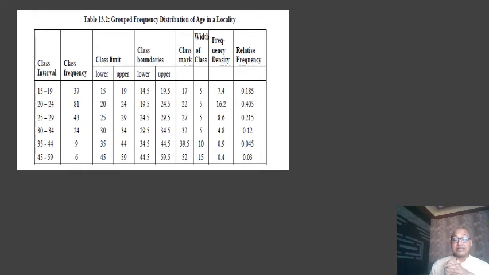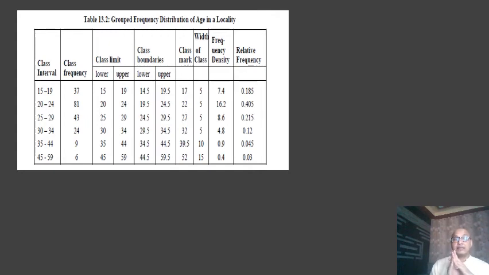The extreme value of an observation of a variable which could ever be included in a class interval is called a class boundary, and these will be called class boundaries.